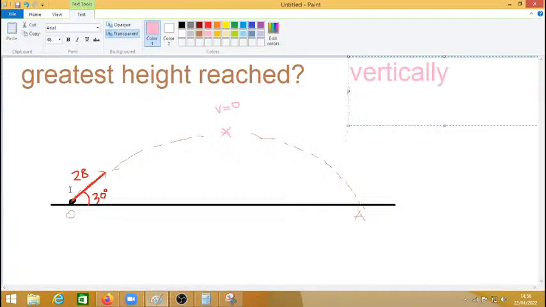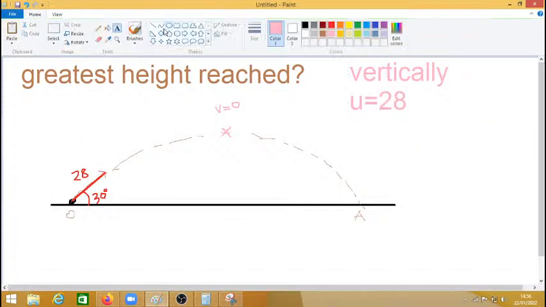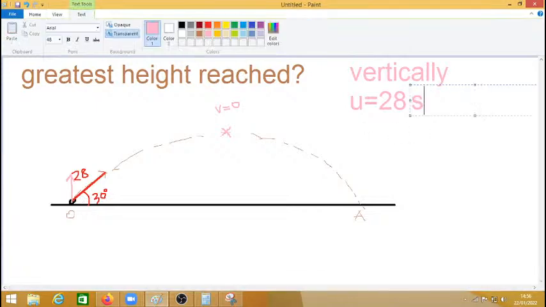The initial velocity is 28 at an angle, but because we're talking vertically, the vertical component of that would be 28 sine 30 or 28 cos 30. Let's draw it out. The vertical component would be this one. That's not next to the angle, so I'm going to use sine. So it's going to be 28 sine 30.